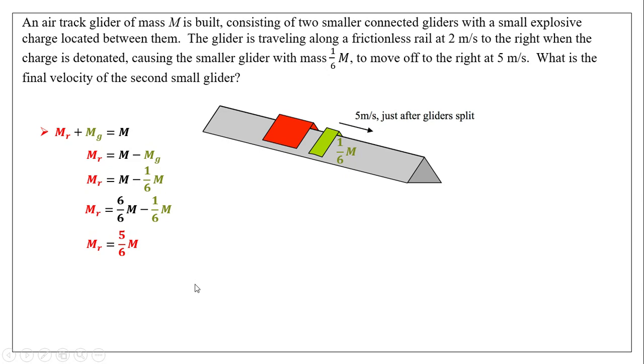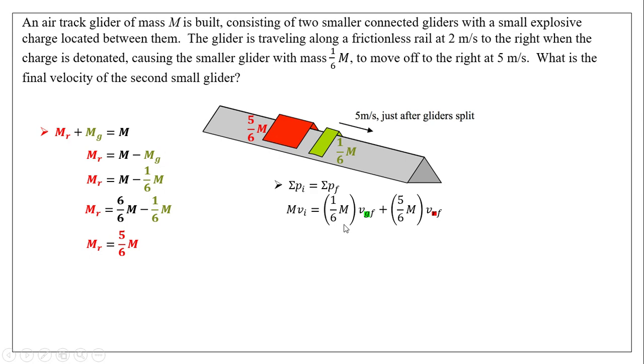All right, now that we have the mass of the red glider, and we have the mass of the green glider, and we have the final velocity here of the green glider as 5 meters per second, we can solve for the final velocity of the second glider, which in this case is red. So I'm going to set up conservation of momentum here. Initially the system is moving at V_i, so it's just whatever mass is of these two things combined, which is just called capital M. And then I want to break the right side of the momentum statement into two things.